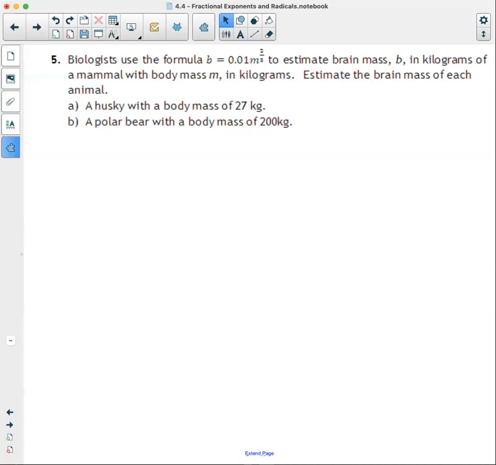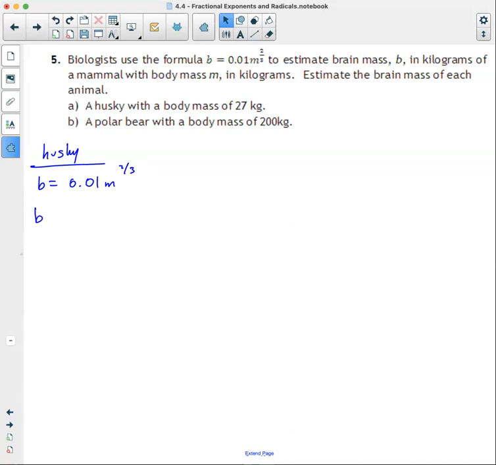Okay, and let's do this without our calculator for the husky. So B is equal to 0.01 m to the exponent 2/3. So what are we doing to our m?